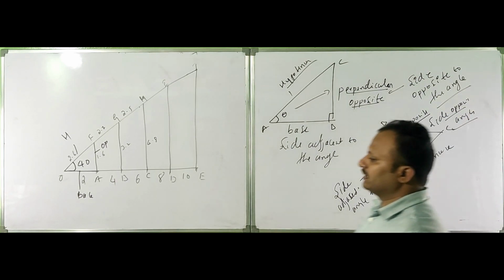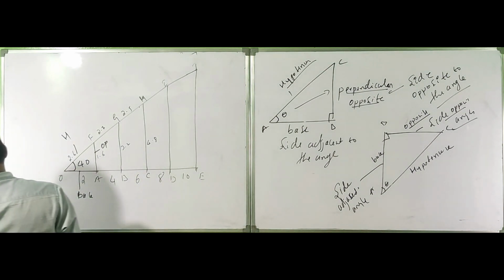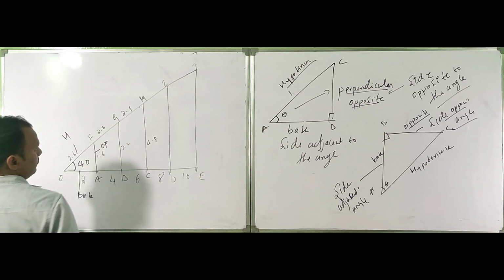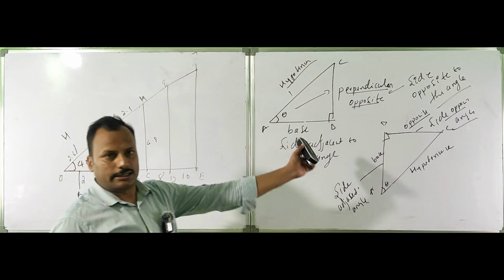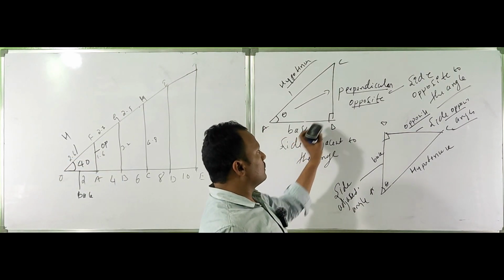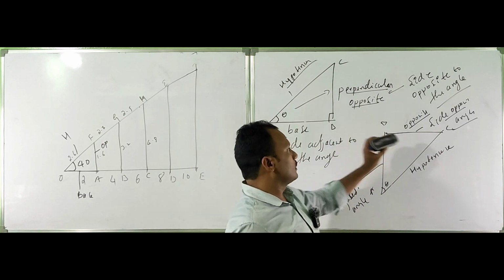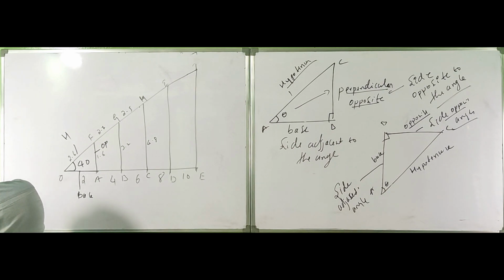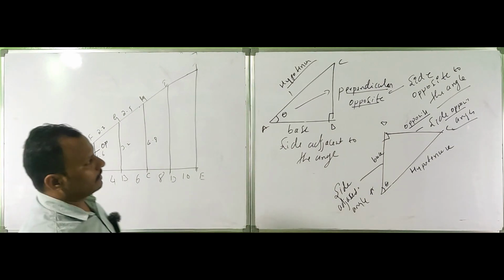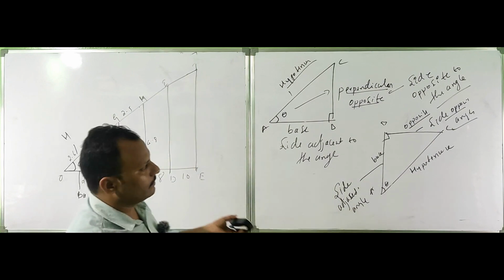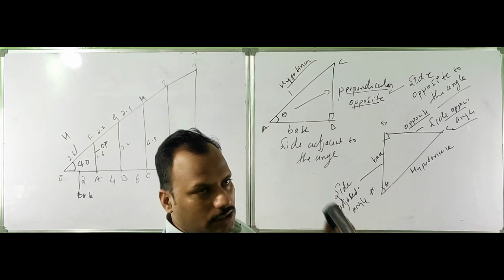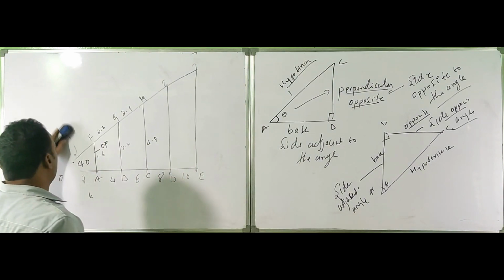Based on these definitions, you have 6 different ratios, not angles, ratios. Based on the base, perpendicular, side adjacent to the angle or side opposite to the angle, you have 6 trigonometric ratios. Let's study them one by one.